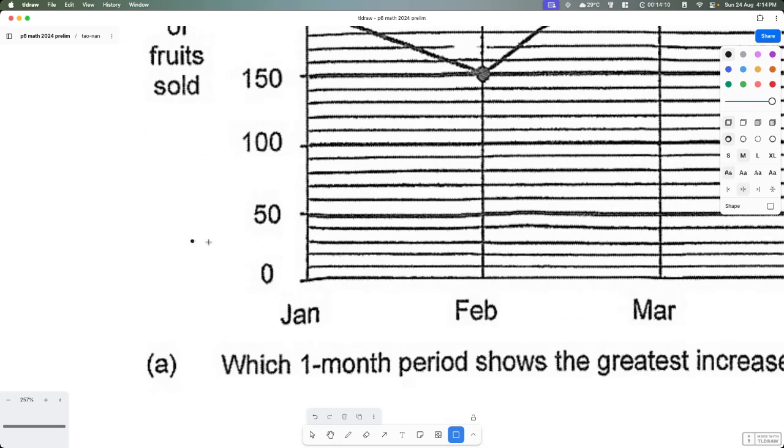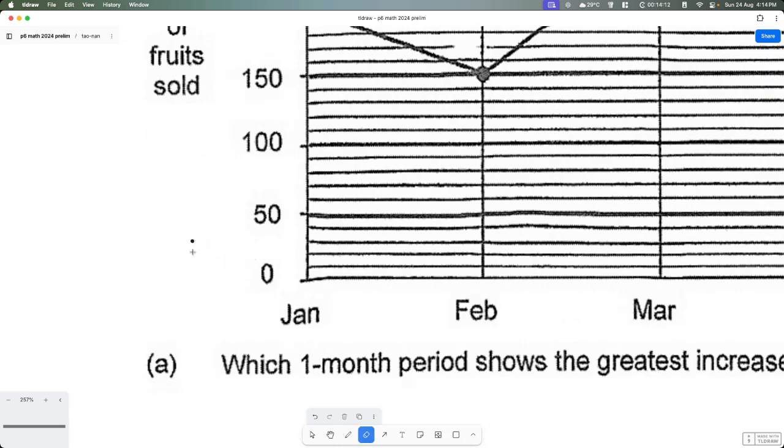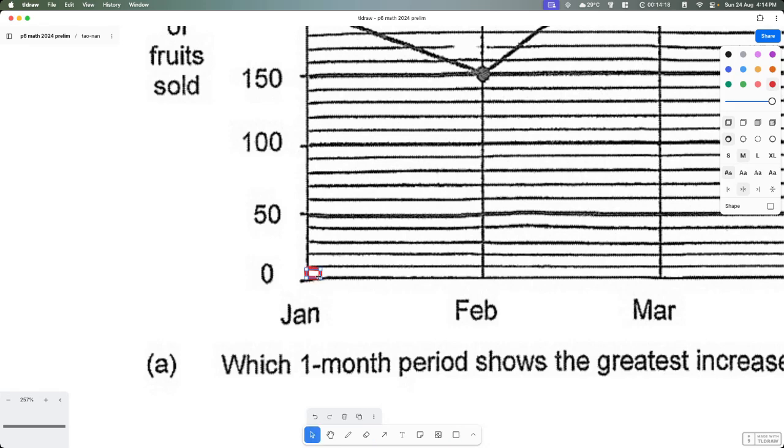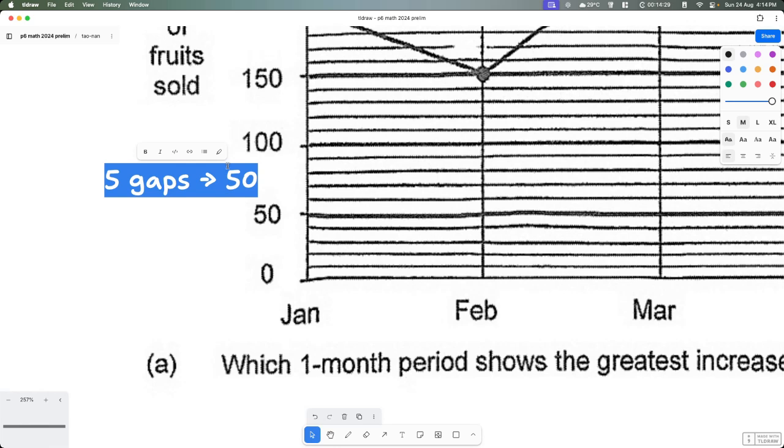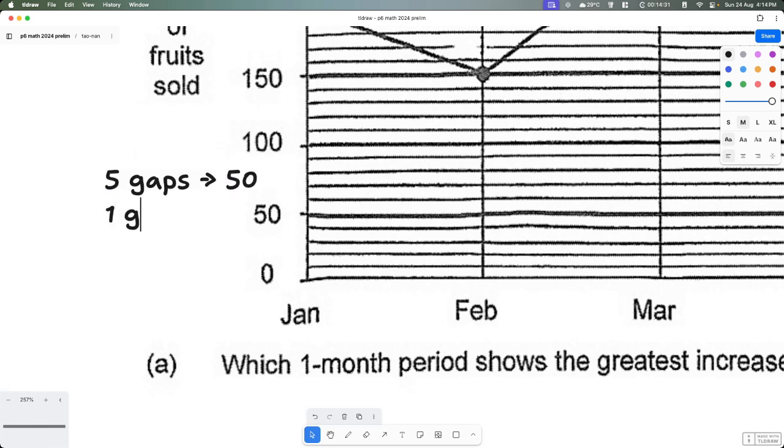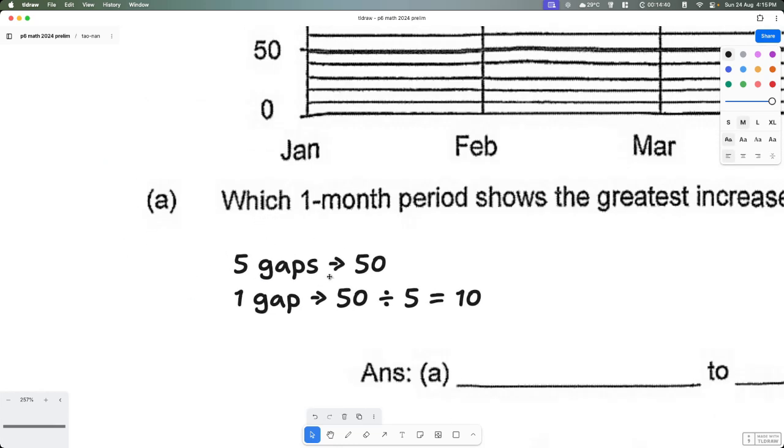In this case, we also want to check how many gaps and how much is one gap. So let's calculate how many gaps: 1, 2, 3, 4, 5. So 5 gaps is equal to 50, which means one gap is equal to 50 divided by 5, which is 10.